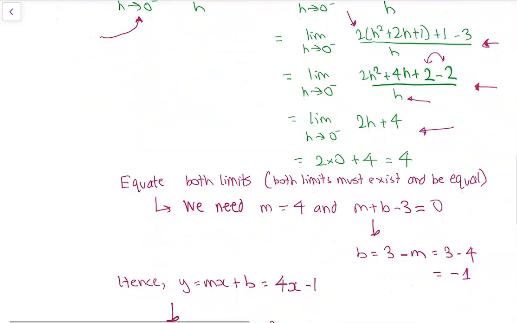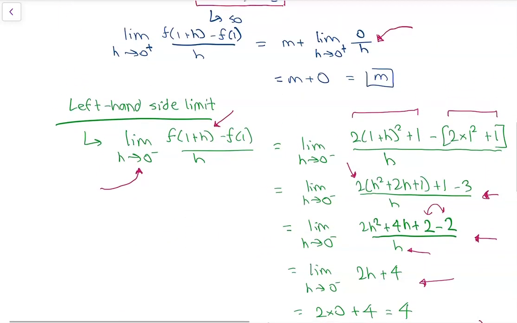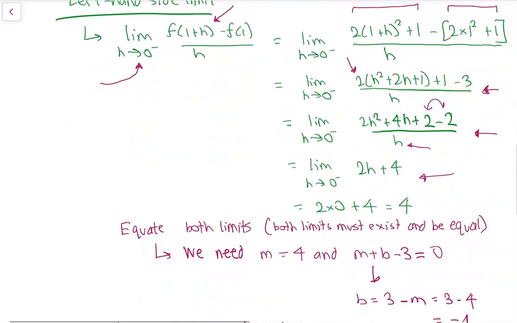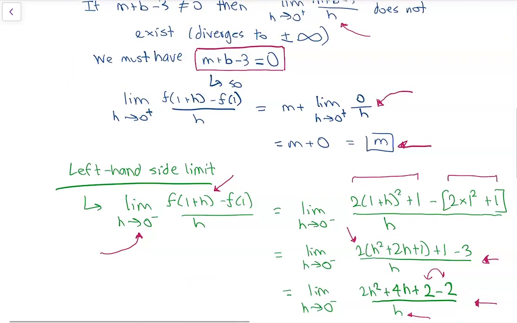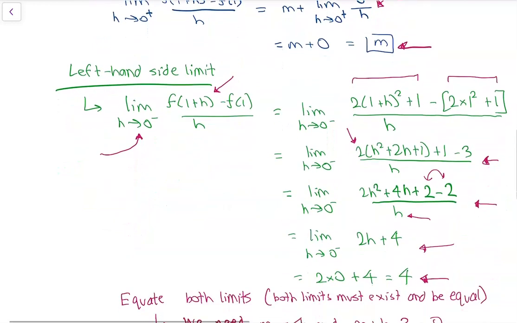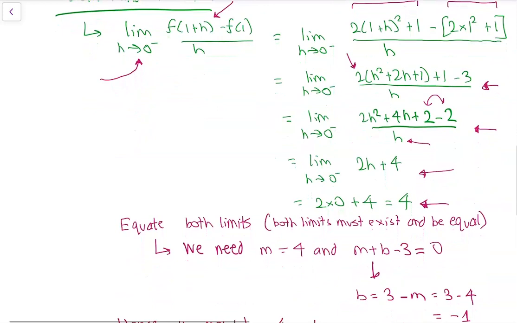So the condition needed, remember the right-hand side limit was equal to m and the left-hand side limit was equal to 4. So this means we need m to be equal to 4. And also we have that condition from earlier of m plus b minus 3 equals 0. This condition is also needed in order for the right-hand side limit to exist. So now m plus b minus 3 must equal 0.